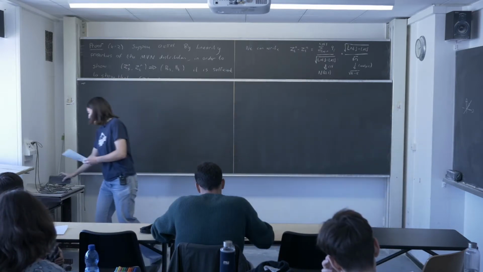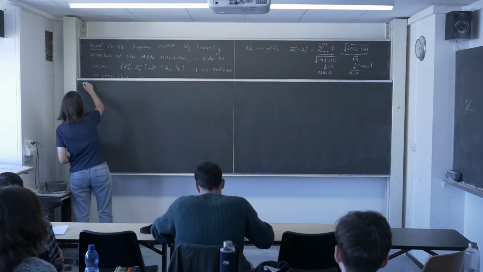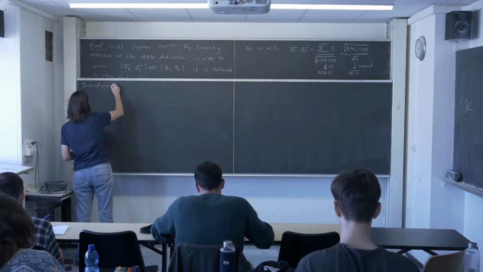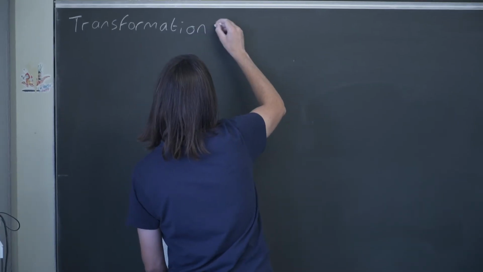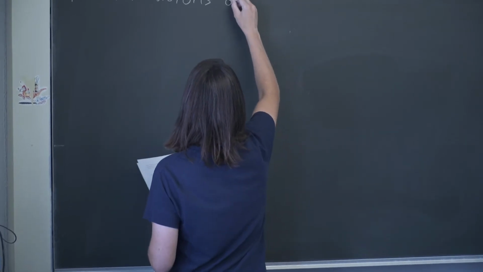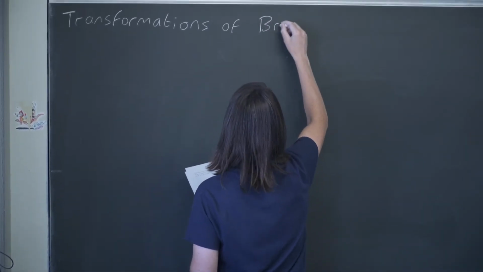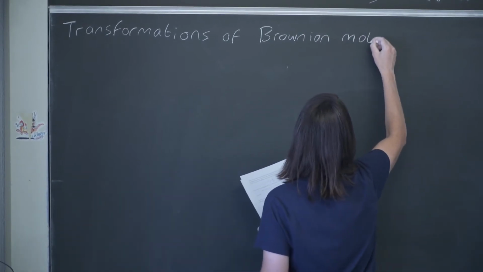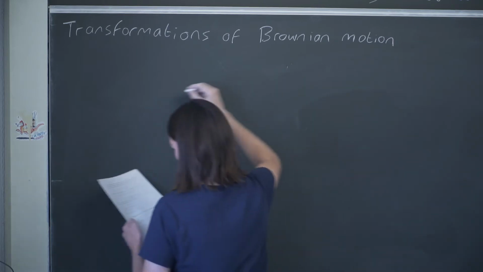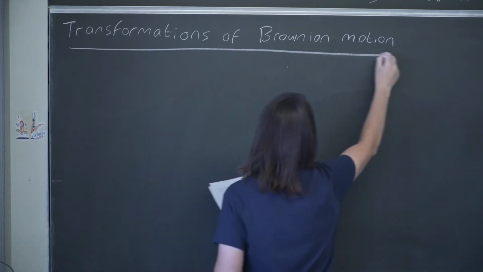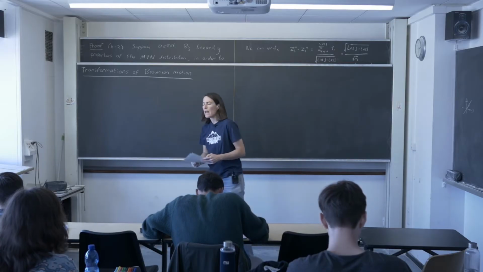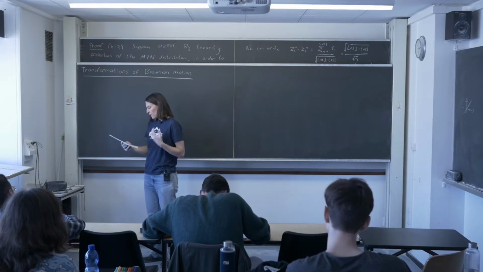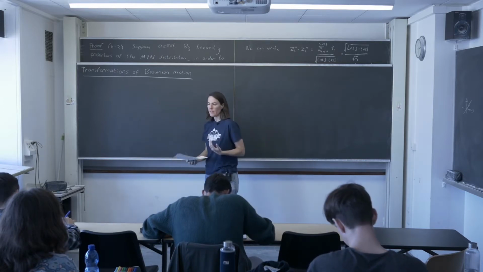Okay, so the next thing we're going to look at is transformations of Brownian motion. What makes Brownian motion quite convenient to work with is that there are certain transformations that you can do to it which preserve the distribution.